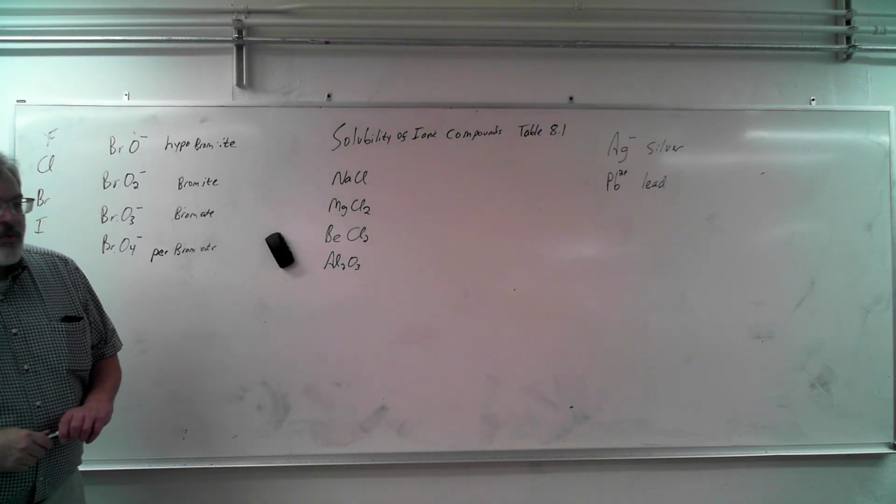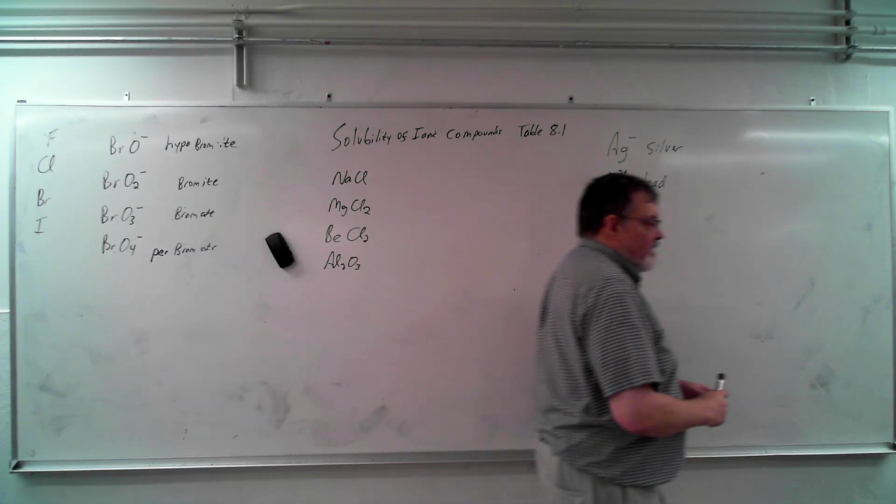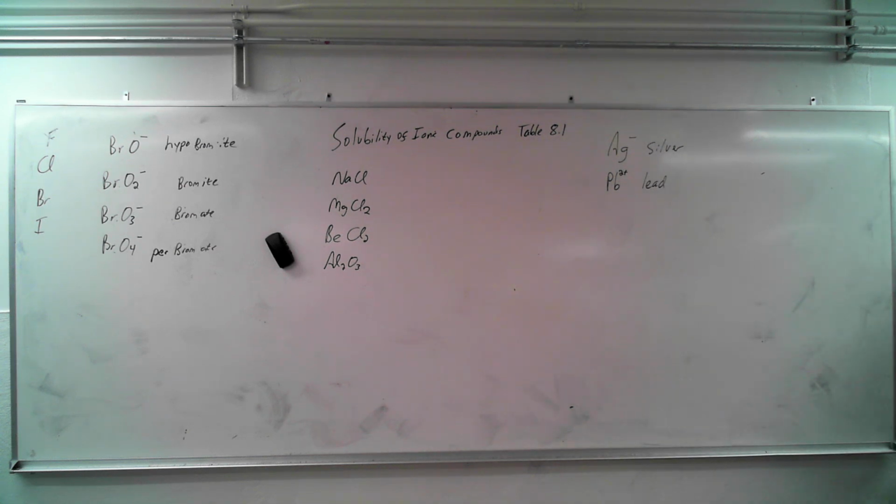Those will all dissolve in water because they don't show up in the exceptions. Sodium, magnesium, beryllium, and aluminum. Here's the exceptions, and they don't show up here. So the exceptions are telling you anything Cl, Br, or I is in will dissolve except for these.